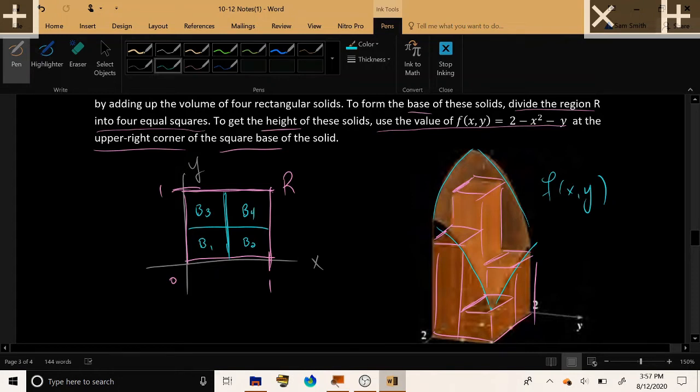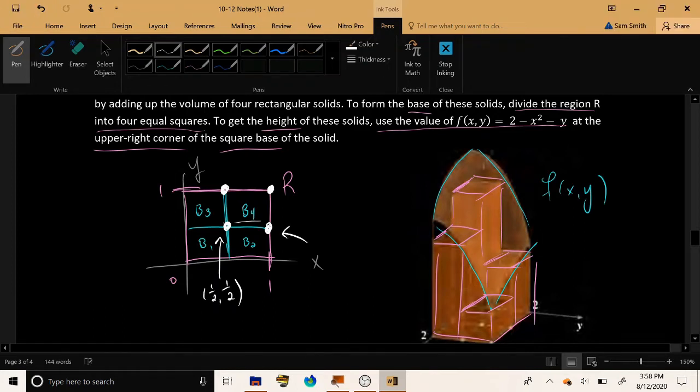Then it says, okay, so how high are your rectangles? To find the height, use the value of the function at the upper right corner of the square base. So we have upper right corner number 1, upper right corner number 2, upper right corner number 3, and upper right corner number 4. Upper right corner number 1 is located directly between 0 and 1 in both the x and y directions, so it has the coordinates 1/2, 1/2.